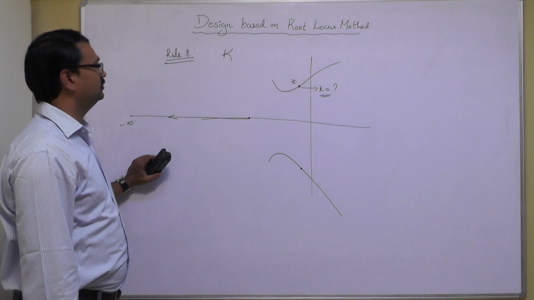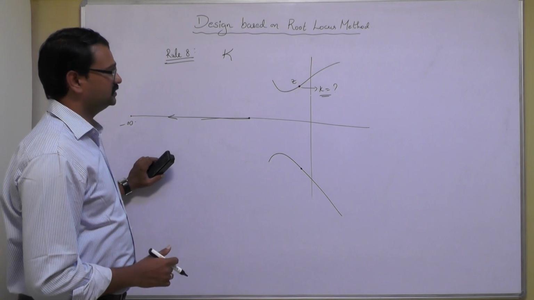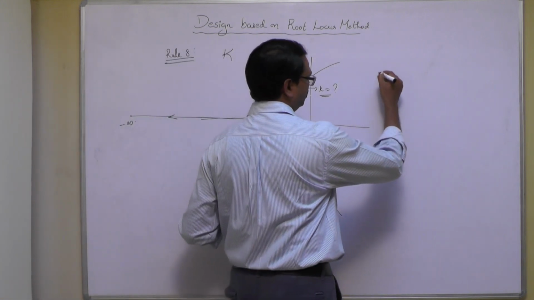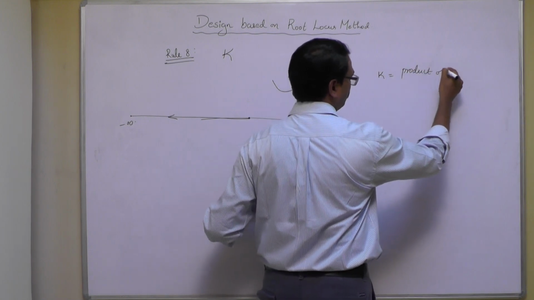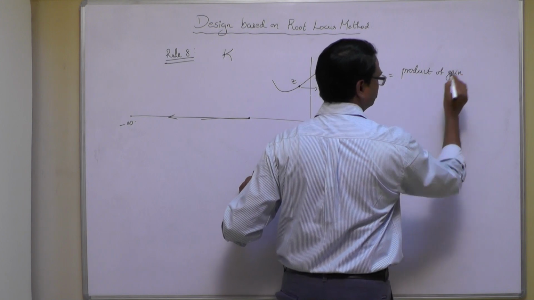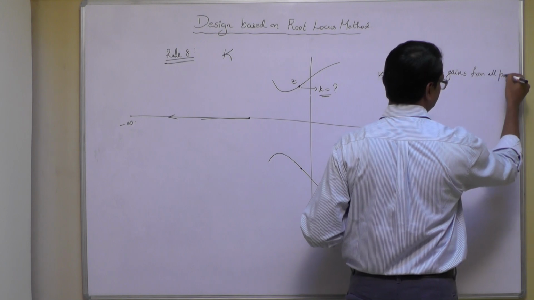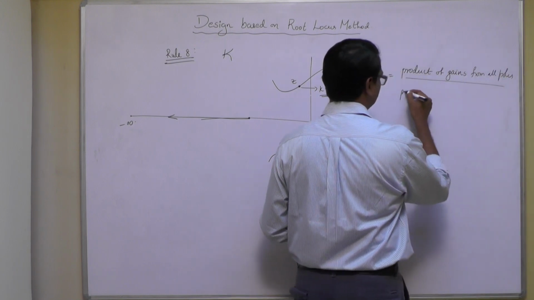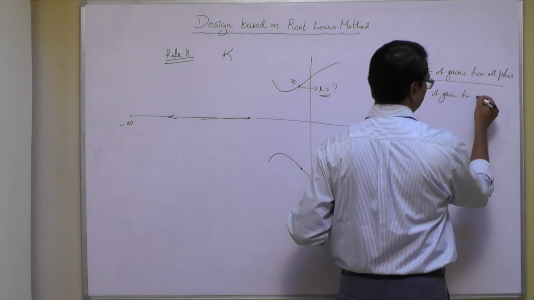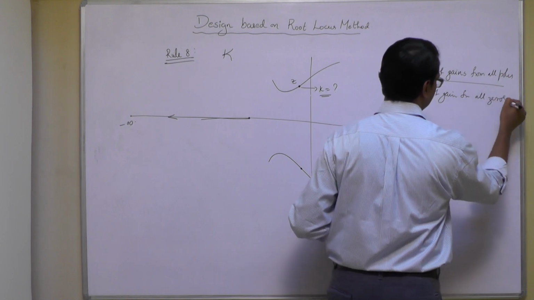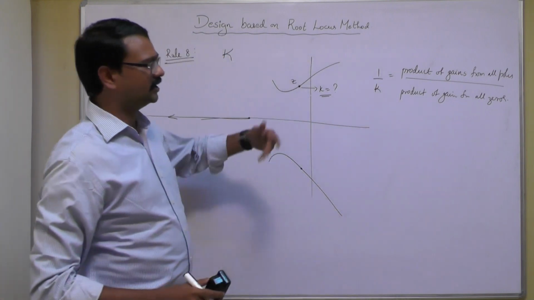To determine the value of gain K, you can find it using this, and that is nothing but K is the product of gains from all poles divided by the product of gains from all zeros. That can be termed as 1 by K, or K can be reversed.